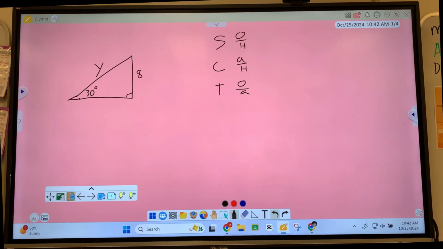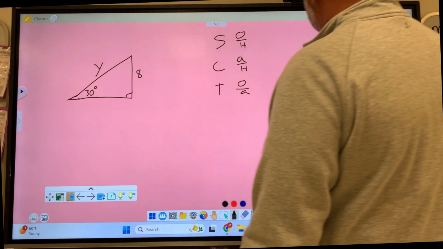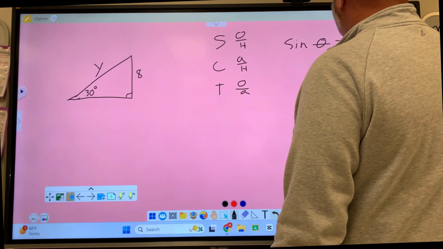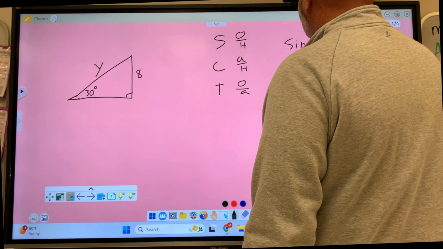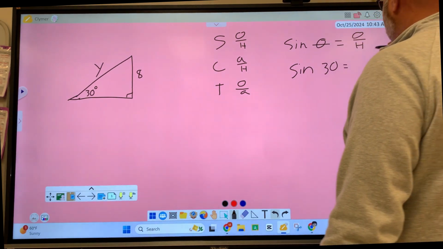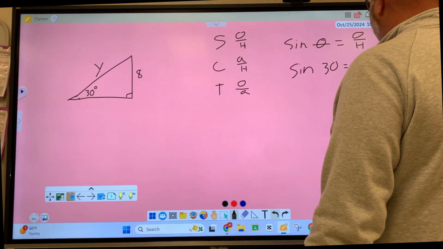And 8 represents still the opposite. So which identity do we need here? Sine of theta equals O over h. Sine of 30 equals 8 over y.